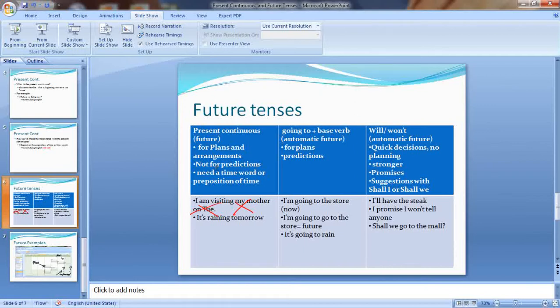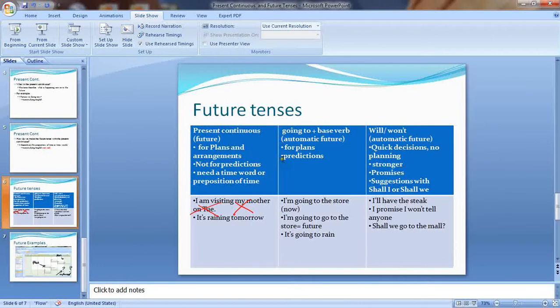Now, there's one thing that you can't do with the present continuous. It's not for predictions. For example, the weather is always a prediction. You cannot say, it's raining tomorrow. You cannot say that. Okay?